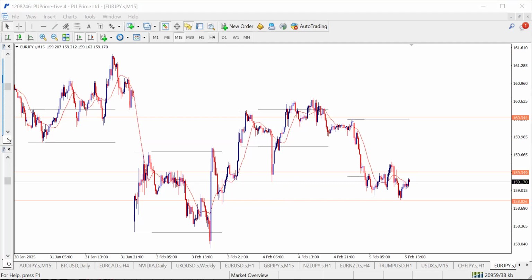TP1 159.665. TP2 160.344. Okay, so I'm dropping this in the group as well.